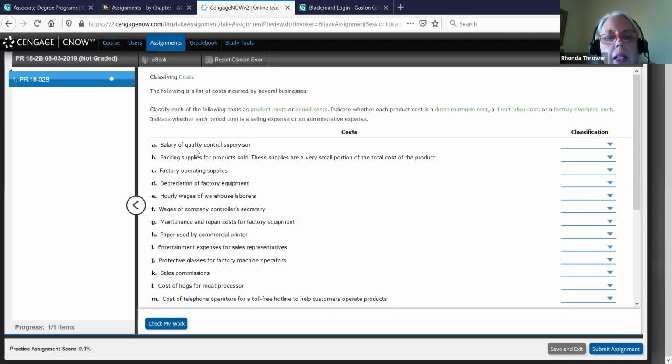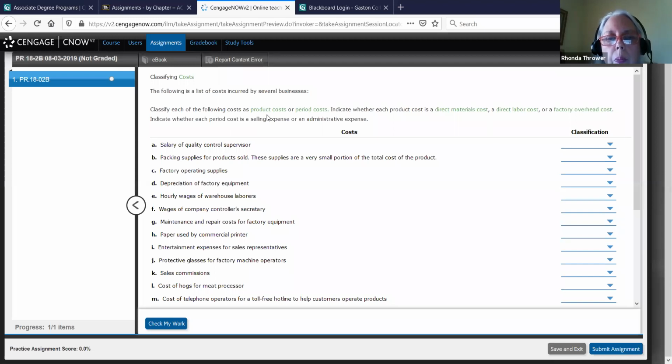The salary of a quality control supervisor. We need to classify this as a cost first. What I would suggest you do is decide whether that would be a product cost or a period cost. The definition of product cost is any materials that are going to go into the manufacture of the product, such as direct materials or indirect materials.